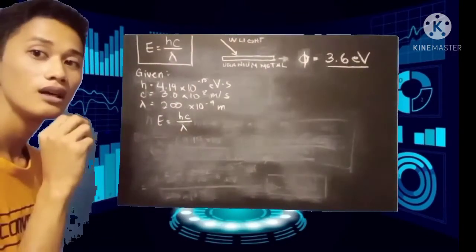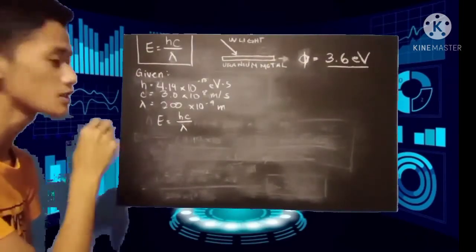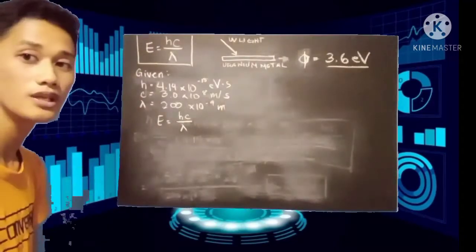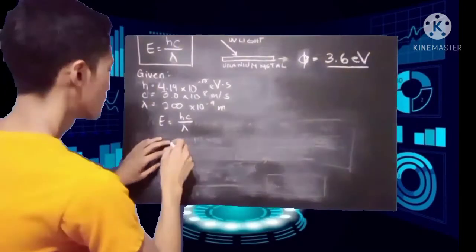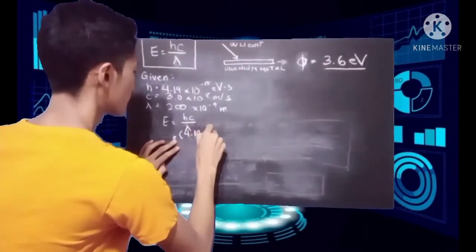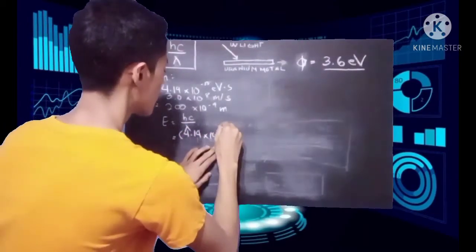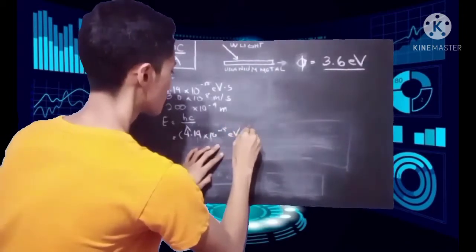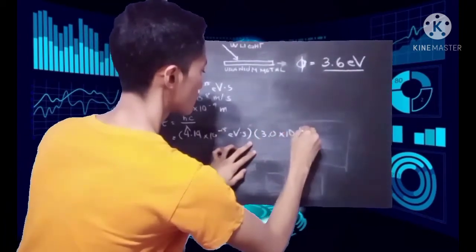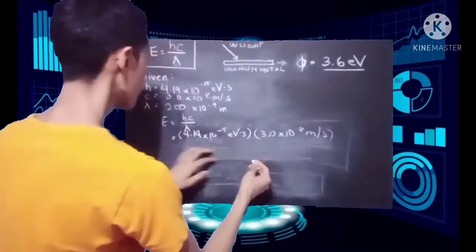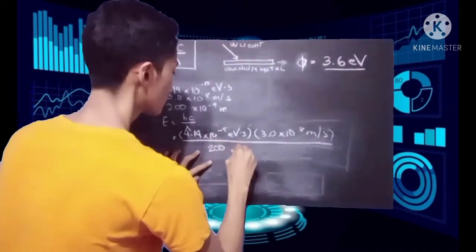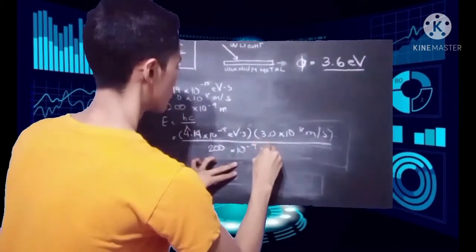But for the sake of this problem, we will use the value of the wavelength of the ultraviolet light in meters. So let us now proceed with the equation and substitute the values. We will have 4.14 times 10 raised to negative 15 electron volt seconds multiplied by the speed of light, which is 3.0 times 10 raised to 8 meters per second, divided by the wavelength of the UV light, which is 200 times 10 raised to negative 9 meters.